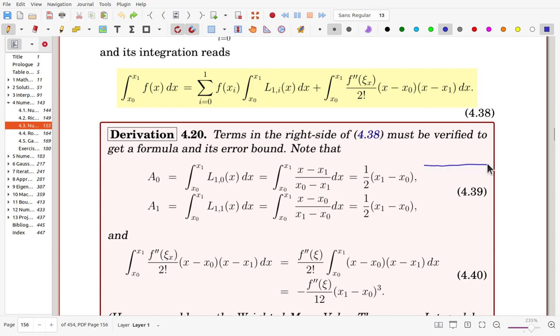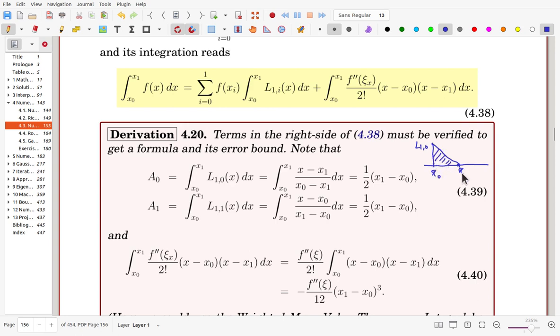We are dealing with x0 to x1, and the cardinal function L10 must be given in this way. There's 1 here, and the value is 0. There is L10. So the integral of L10 must be the area of this triangle.